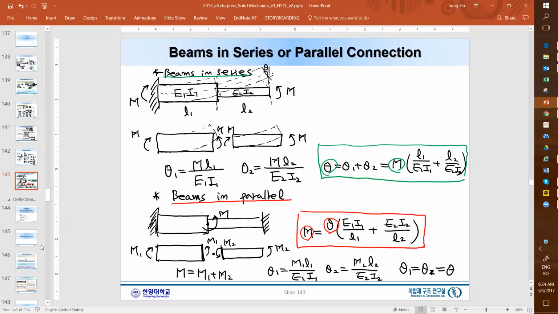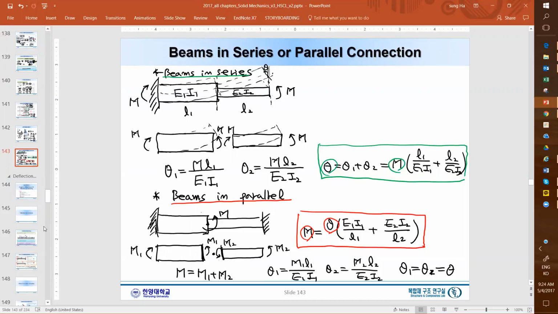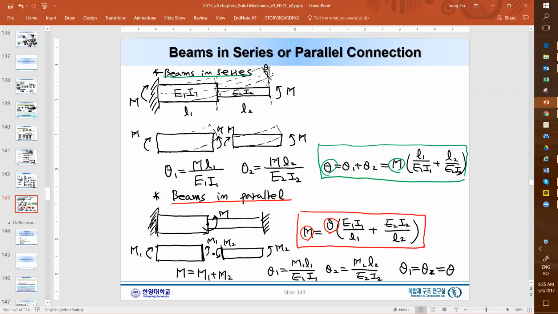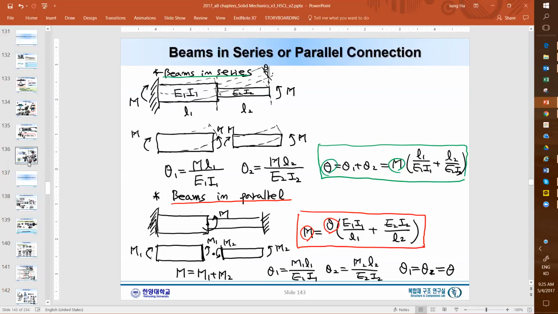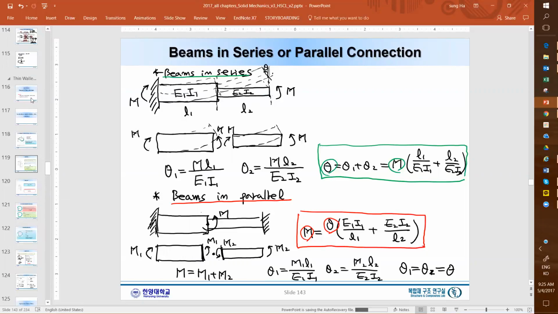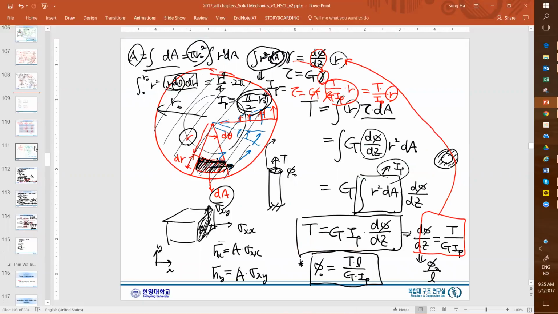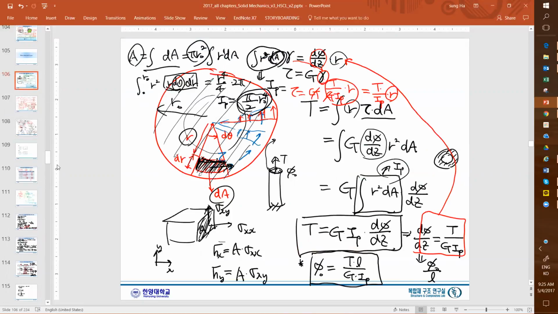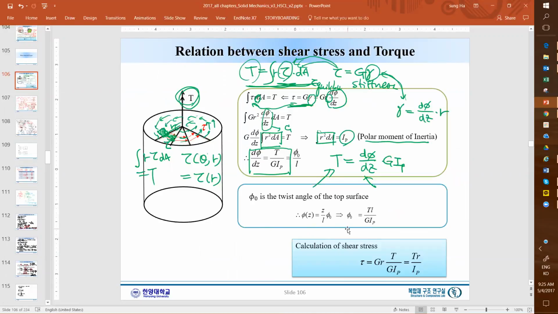Now, for the case of a beam, we have a very, very important issue, which is the deflections. And in the torsion case, I just would like to remind you that the deformation we obtained was just phi equals TL over G Ip.